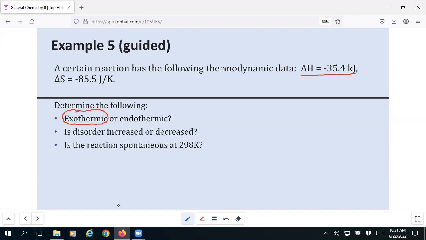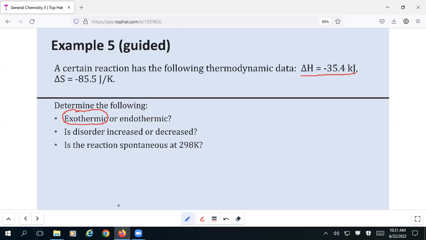Is disorder being increased or decreased? So remember, disorder is another way of talking about entropy. We talk about the randomness of the molecules, the diversity of the ways that they can distribute that energy. We can kind of blanket term that as disorder.